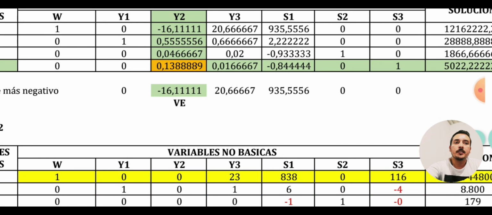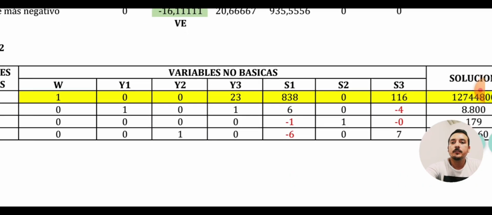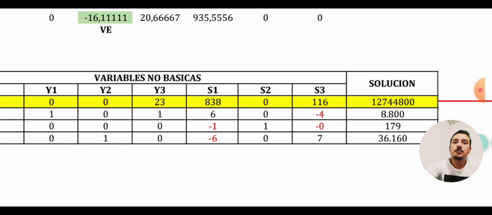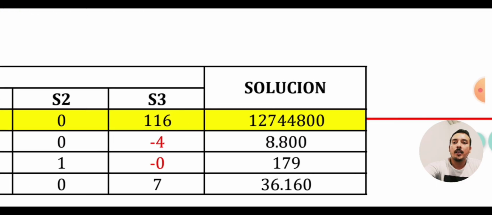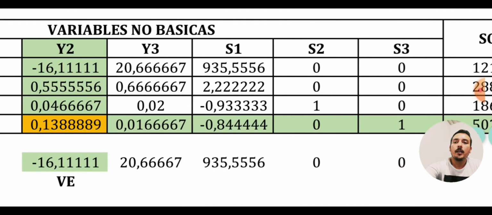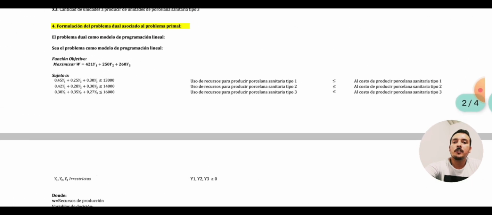This process is repeated until we find the first row where all the values are positive, and the solution is the same as the one given to us in Solver. The same solution table and Solver result.